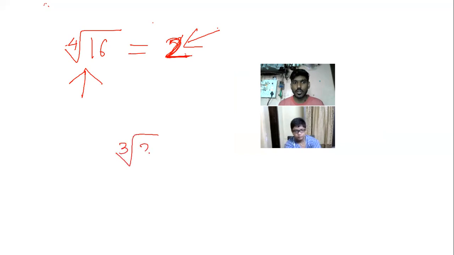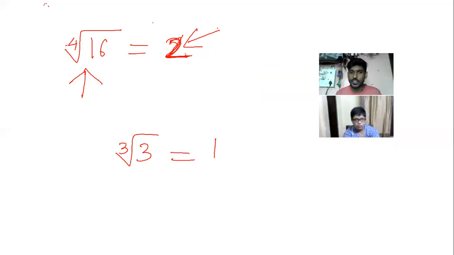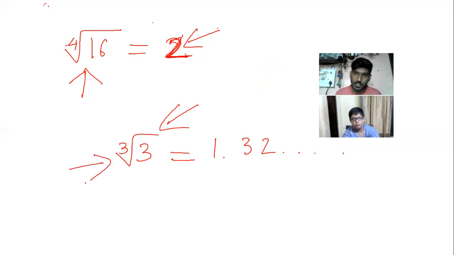But if I say cube root of 3, you're not getting anything, right? If you do it by the division method, you'll get some non-terminating, non-recurring number. So that is why this is still irrational and this will still remain a surd. Understood the difference? Understood, sir. Okay. So fourth root of 16 is not a surd.